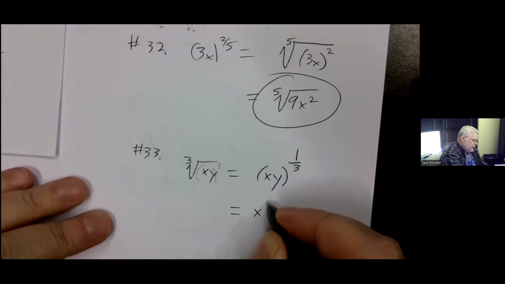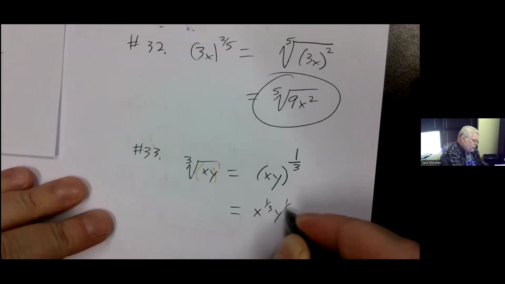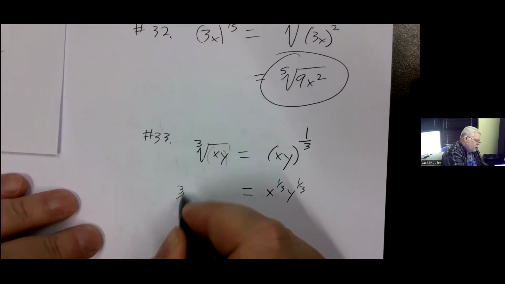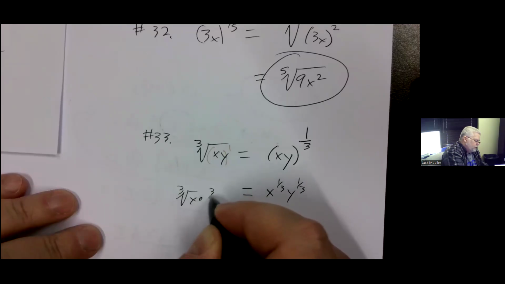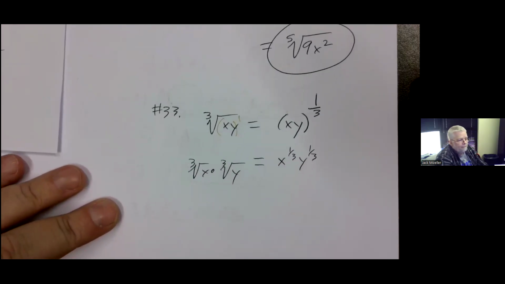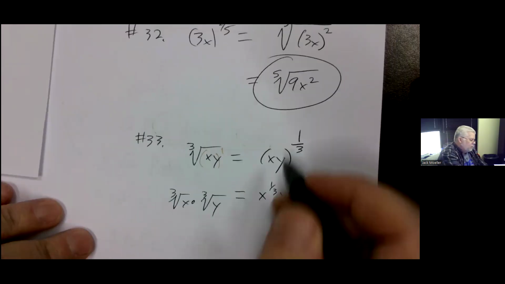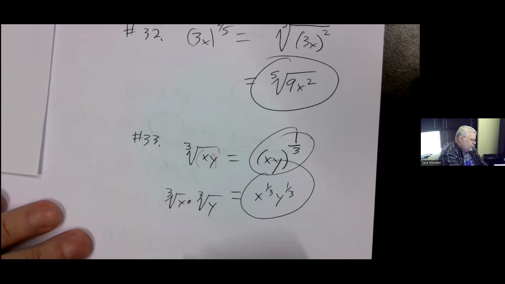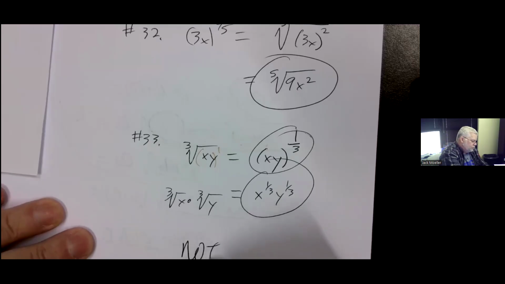So it would be xy to the 1/3 power. Or you get x to the 1/3, y to the 1/3, because you could think of this as the cube root of x times the cube root of y. So I would accept both of those as fully equivalent answers. What you don't want is x y to the 1/3.